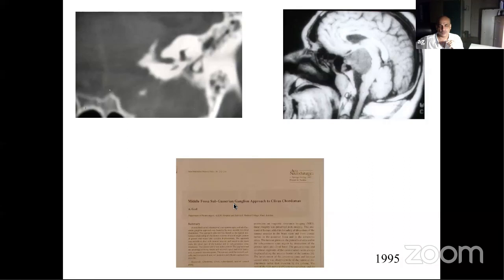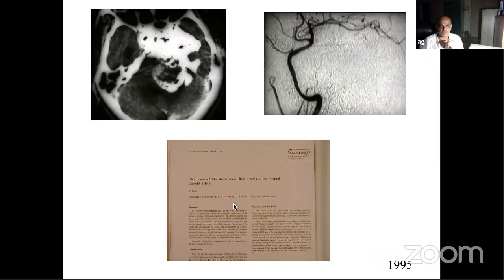Many of these tumors, of course, can be removed from a transnasal extradural approach using an endoscope. But there is a huge number of tumors where the transcranial approach is still the most viable and most beautiful option. If this tumor comes, you can of course come from the nose.